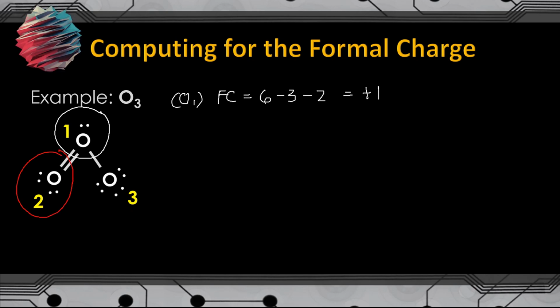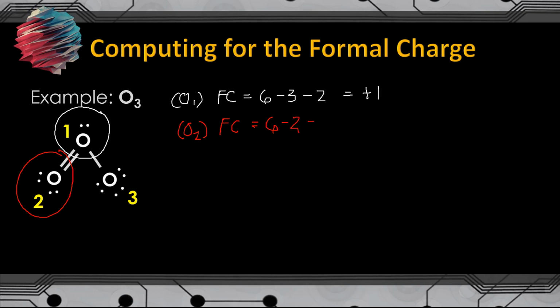For our oxygen 2, the formal charge is equal to the valence electrons, which is 6, minus the 2 bonding pairs, minus the 4 non-bonding electrons. The 6 minus 2 minus 4 is equal to 0.